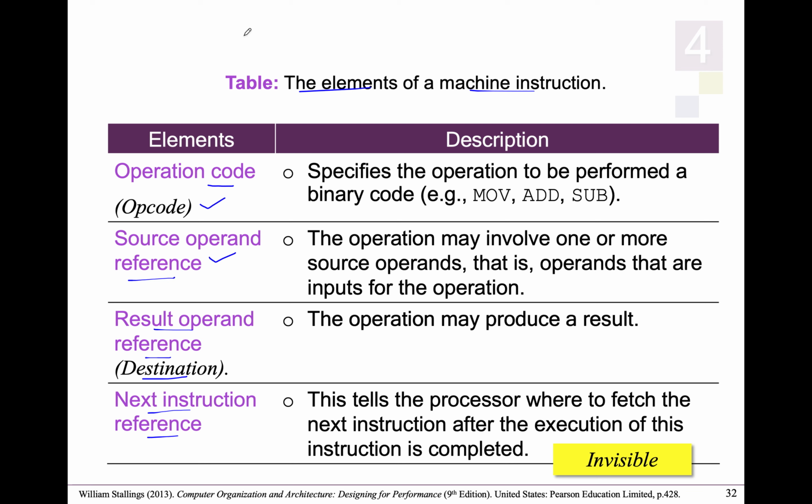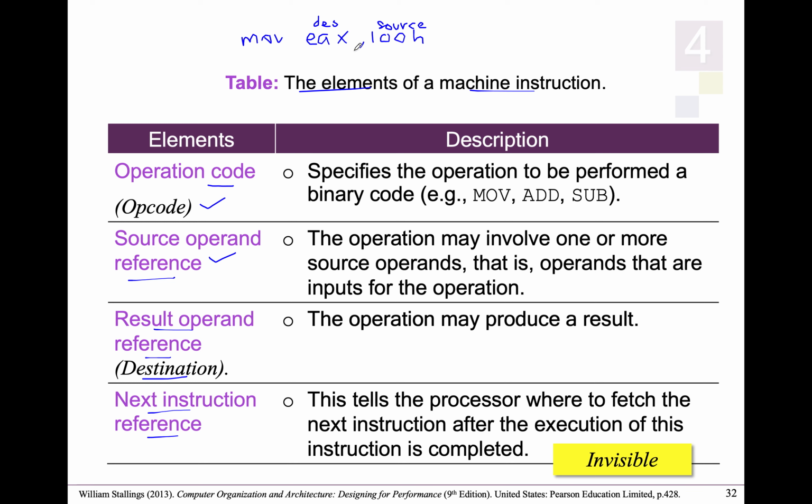I'll give you an example. Let's say you have MOV EAX, 100 hexadecimal. So this is the source operand reference, and this is your destination.